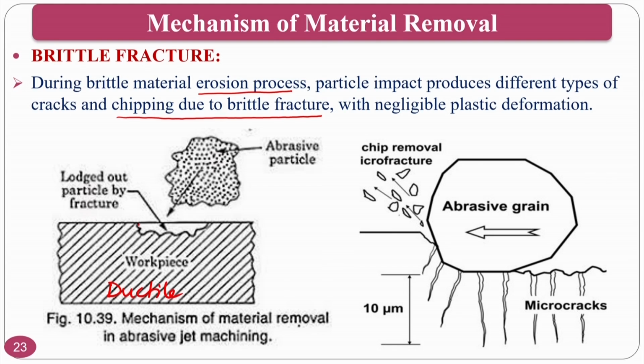If an impact comes and hits the surface, there will be cracks, and the eroded material will be removed in the form of fine chips. So that means that for abrasive jet machining, the most suitable material to remove is brittle materials.